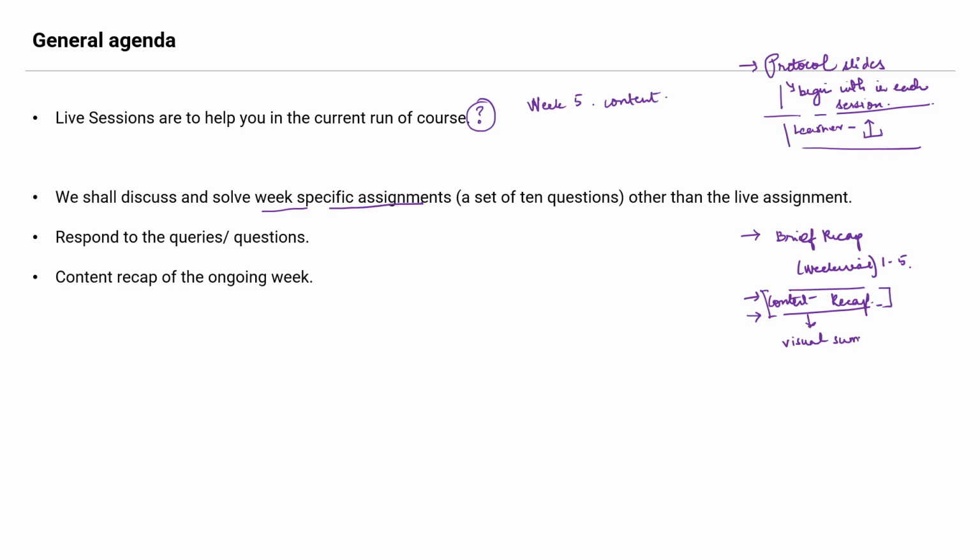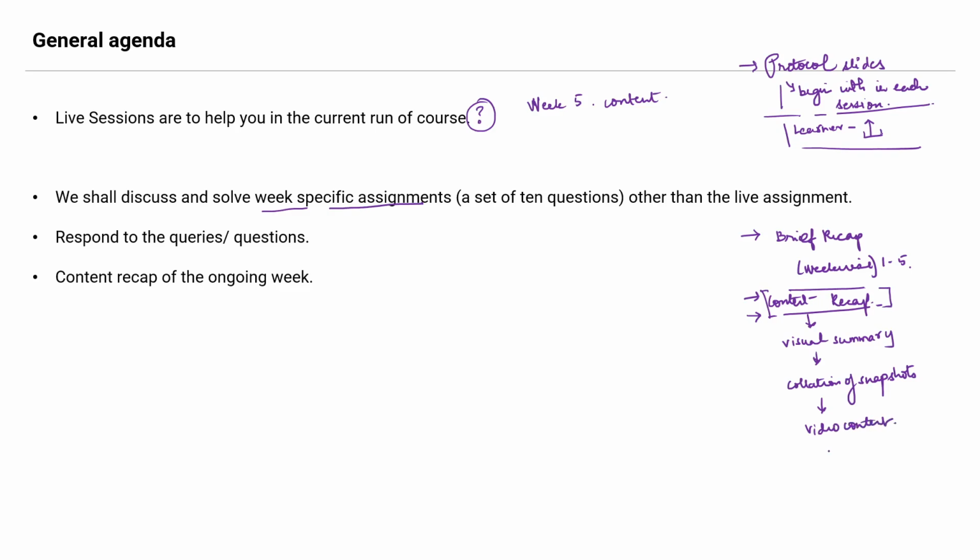So what do we mean by visual summary? It's basically a collation of snapshots. These snapshots are taken from the video content itself.